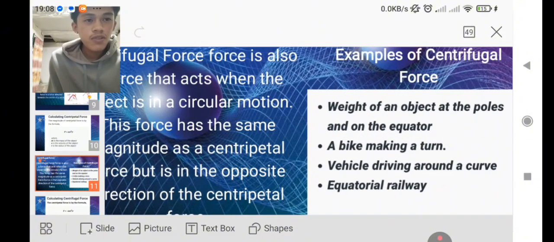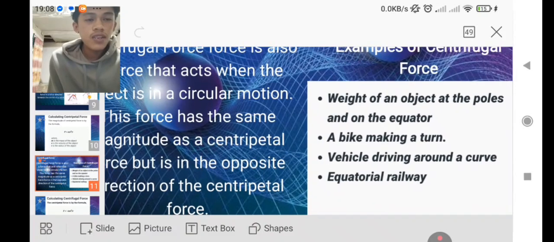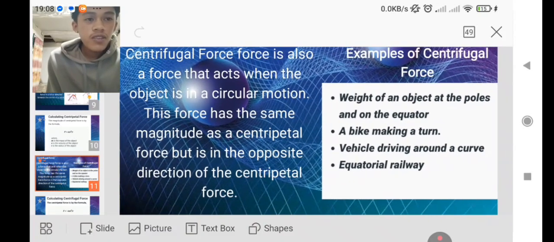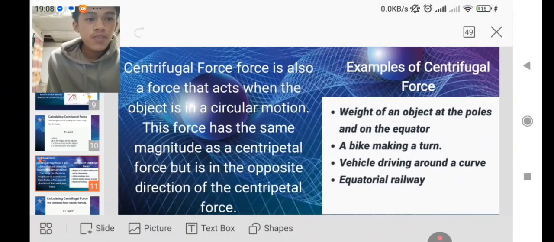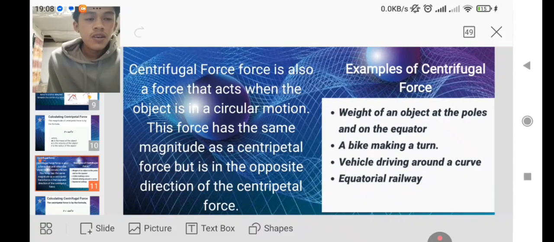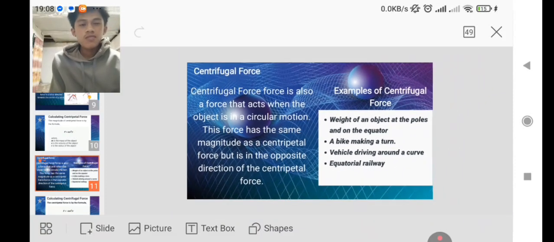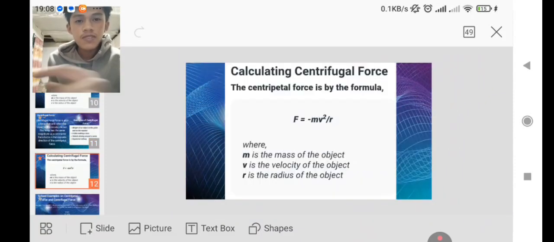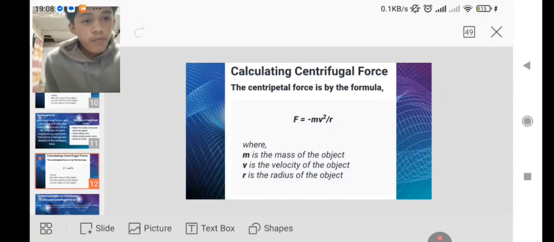Mga example: weight of the object at the pole and on the equator, a bike making a turn, bicycle driving around a curve, equatorial railway. The formula sa centrifugal force is force equals negative mass times velocity squared over radius.